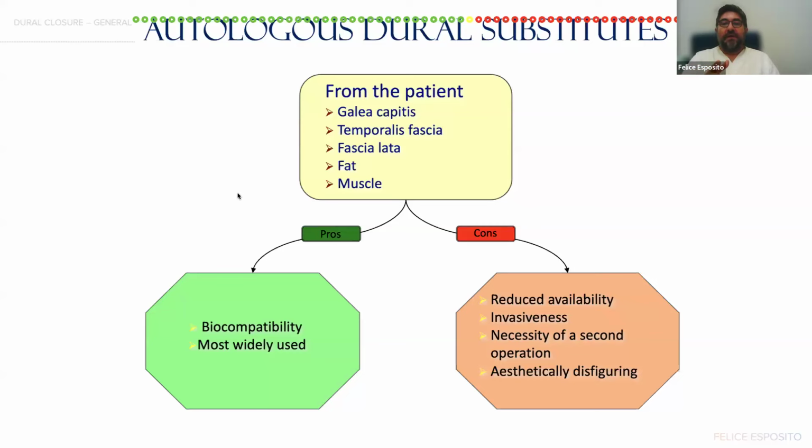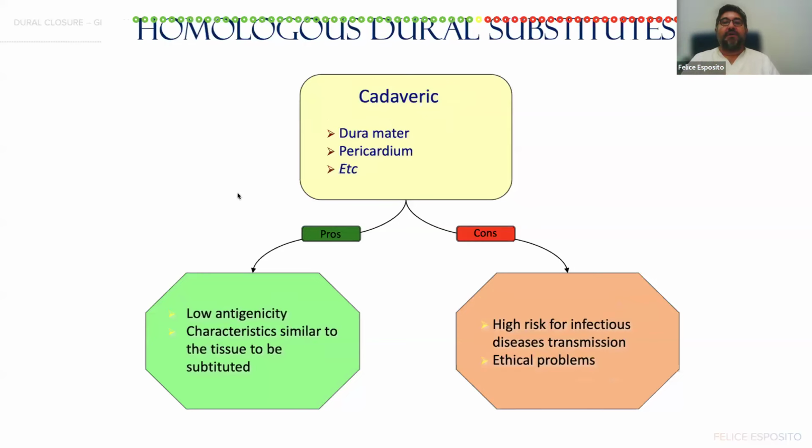So they are not for free. I mean they are not for free, even though we may think that they are free because we can harvest them from the patient itself.